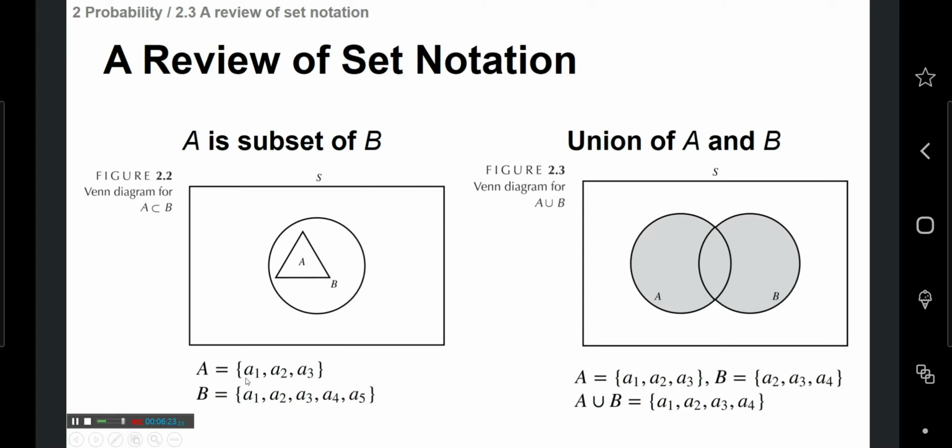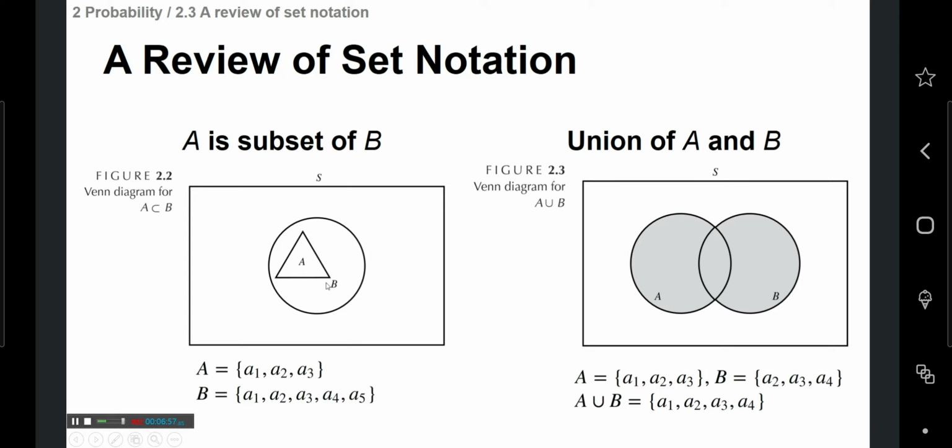Let's say A1, A2, A3 are elements of set A, and A1, A2, A3, A4, and A5 are elements of set B. Since all the elements of A are also inside set B, A is a subset of B. From the graph, it can be represented like this.